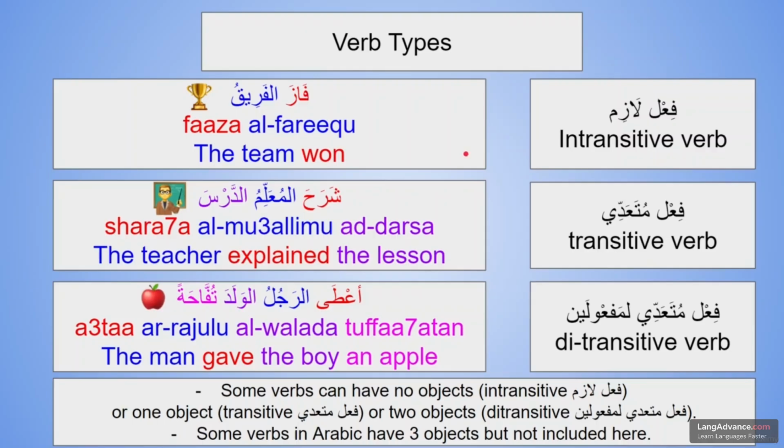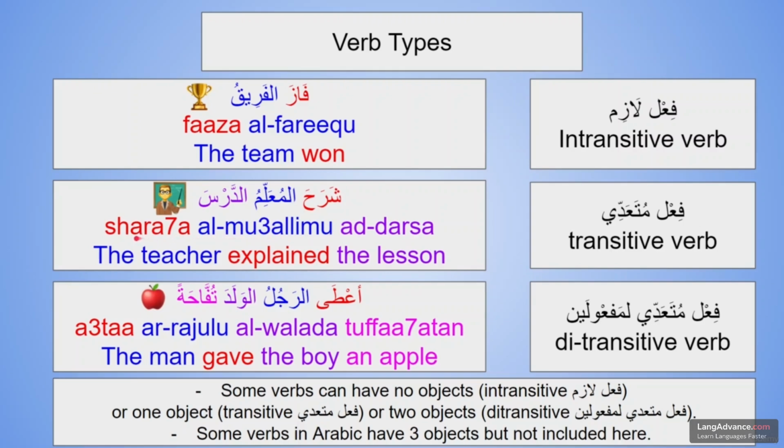The second type of verb that we're covering here is what is known as فعل متعدي, which means a transitive verb, a verb with an object. So for example, for the verb explain, if we have a sentence like the teacher explained the lesson, then it will be شرح المعلم الدرس.